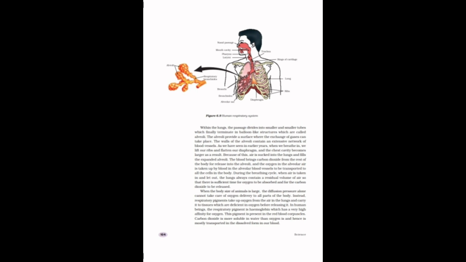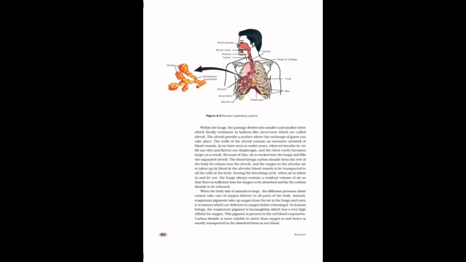The blood brings carbon dioxide from the rest of the body for release into the alveoli, and the oxygen in the alveolar air is taken up by blood in the alveolar blood vessels to be transported to all the cells in the body. During the breathing cycle, when air is taken in and let out, the lungs always contain a residual volume of air so that there is sufficient time for oxygen to be absorbed and for the carbon dioxide to be released.